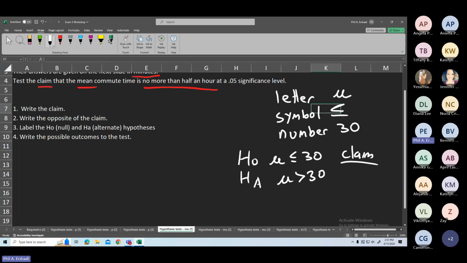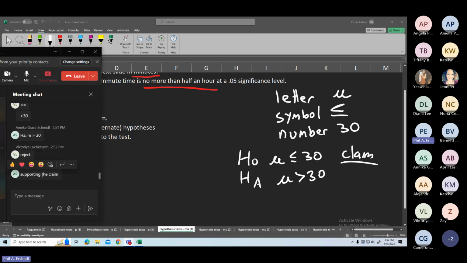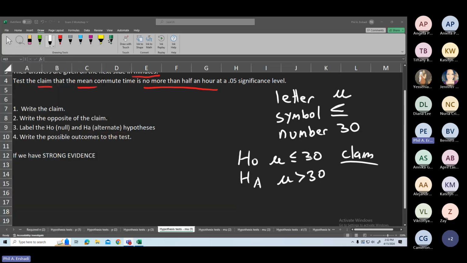And let's think about the possible outcomes. So here's what I want to ask you next. What if we had strong evidence? What would we be doing to the claim if our evidence is strong? Exactly right. Oh, we have mixed messages here. So I want to make sure we understand why that is, though. Okay.